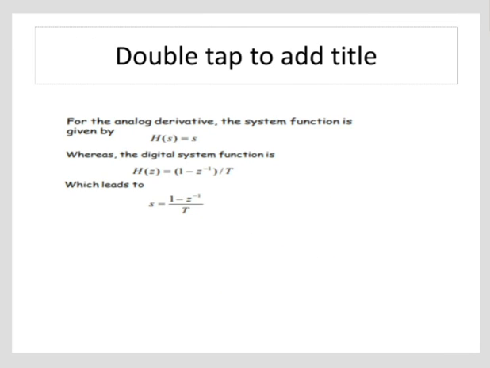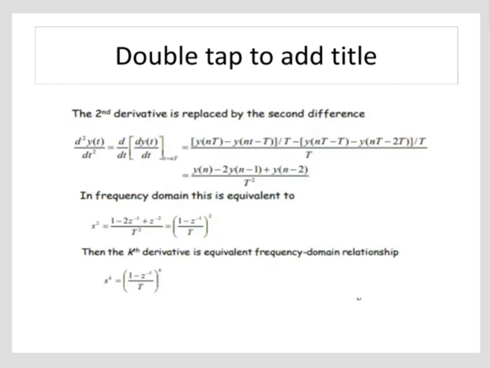The next is for the analog derivative, the system function is given by H(s) = s, and the digital system function is this. The second derivative is replaced by the second difference, and in the frequency domain it is equivalent to this.